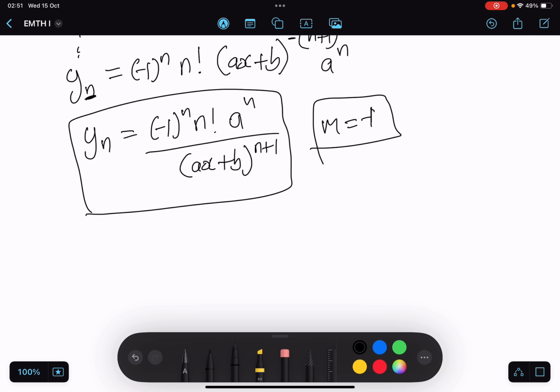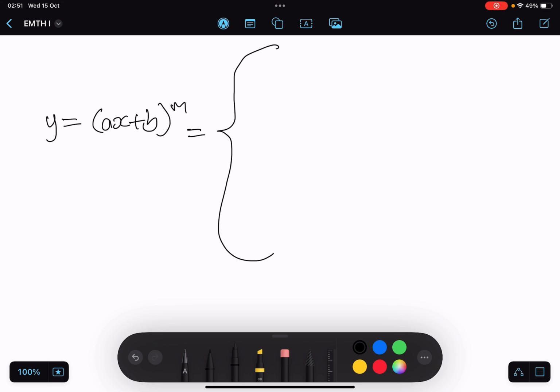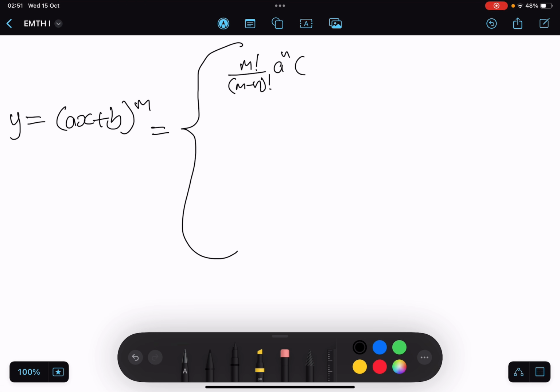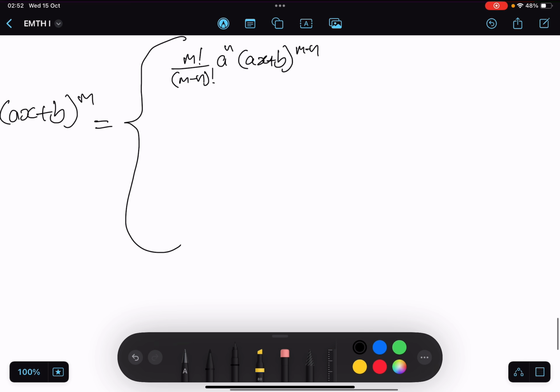So now let me group everything. If you're given a polynomial, y is equal to (ax plus b) to the power m, the nth derivative will be m factorial over (m minus n) factorial, a to the power n, (ax plus b) to the power m minus n, and we know that this is when m is greater than n.